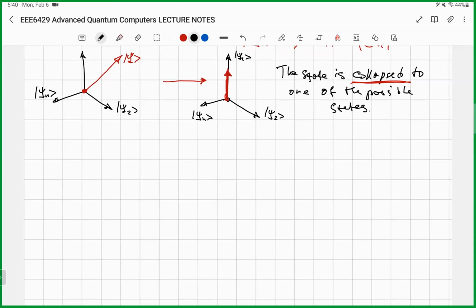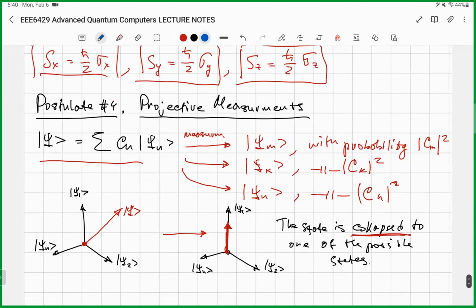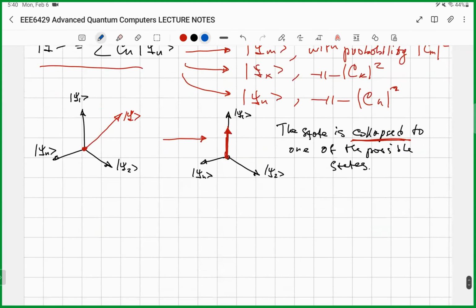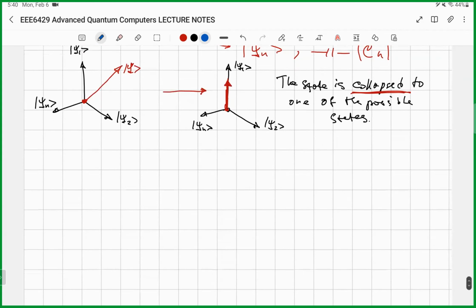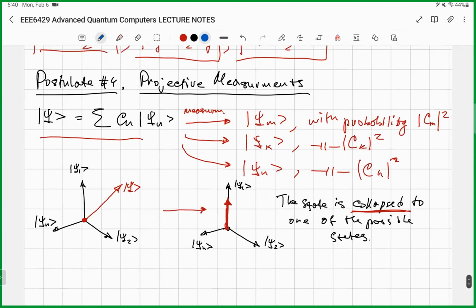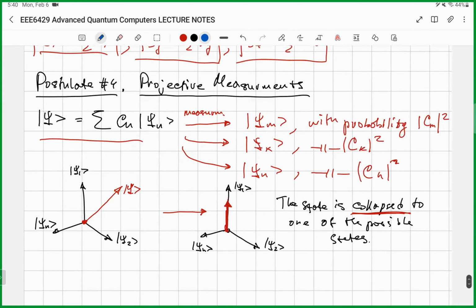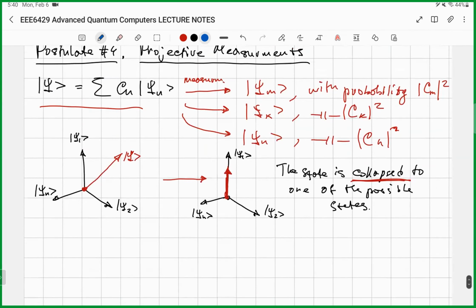Yeah, so this process of measurement can be this particular process of projective measurements, because there are other types of measurement, more general ones, and we probably will discuss that in what follows. But this one is historically the most important one, projective measurements.